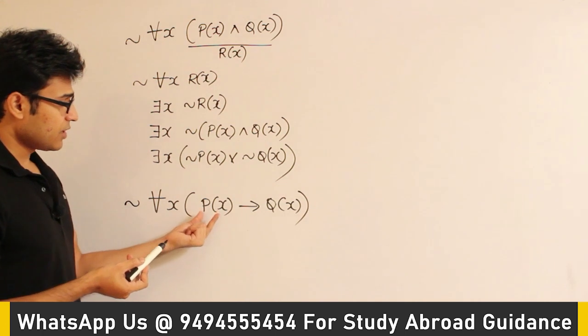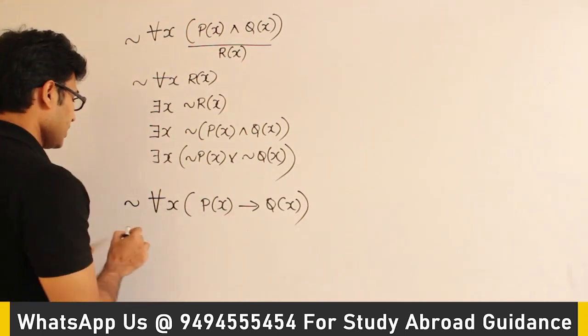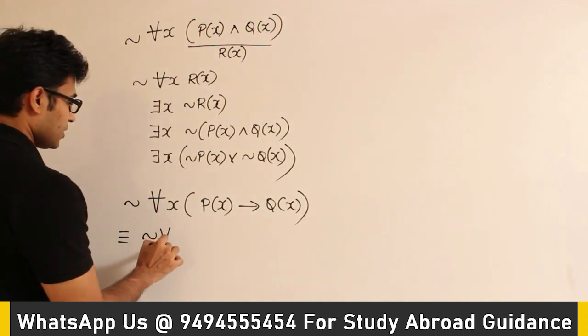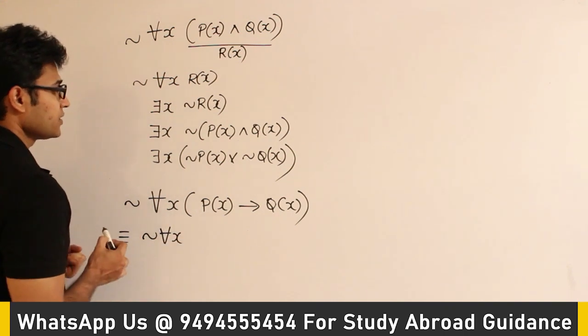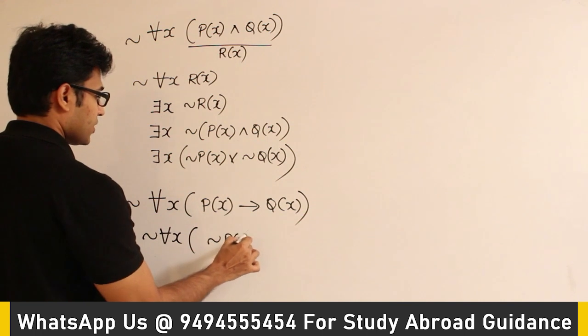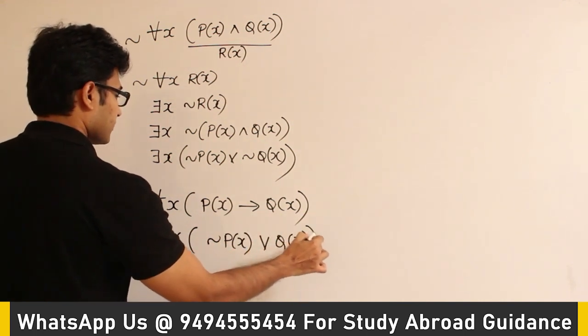You know that p implies q can be written as negation p or q. So I can write this as this, like this. This is equivalent to negation of for all x, negation p of x or q of x.